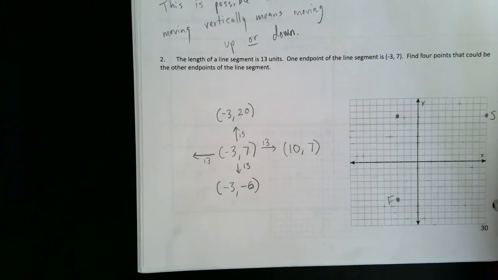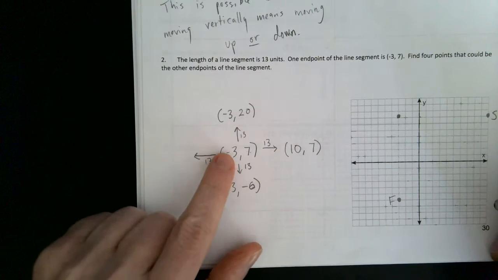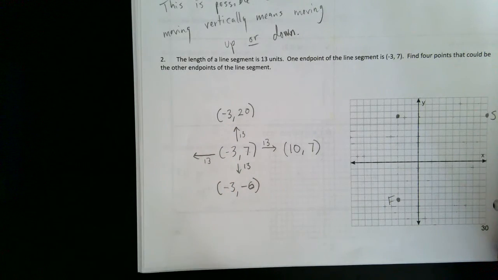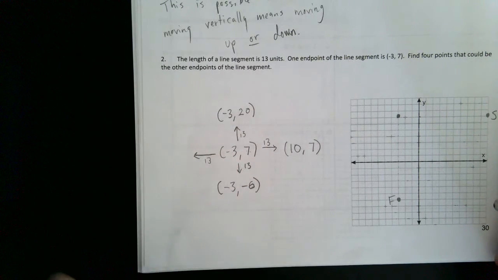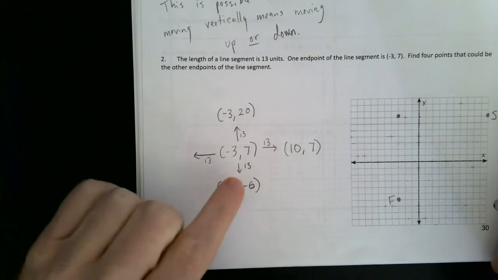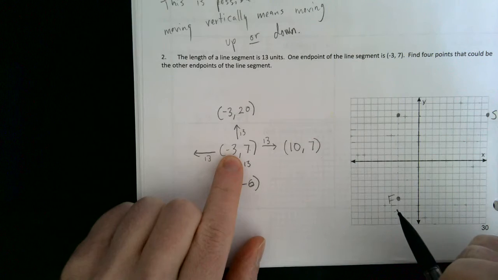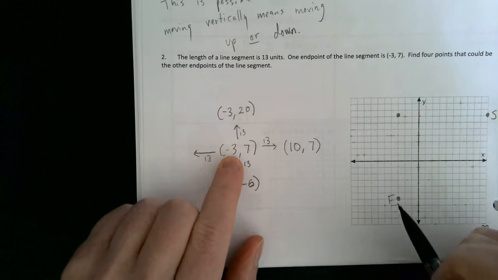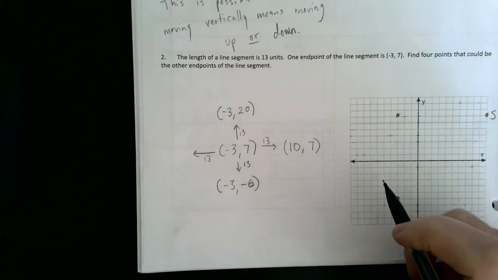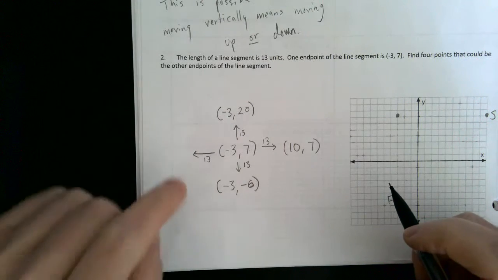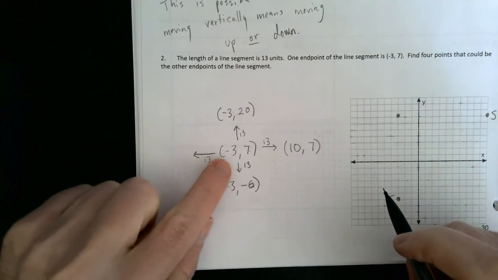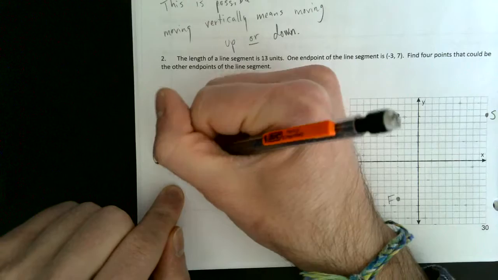Now the last point is if we go to the left 13. Now if we go to the left 13, we're decreasing by 13. So if we're going side to side, again, that's the X value of the ordered pair. That's going to change. That's going to get more negative by 13. So instead of negative 3, we're going to go to the left 13.